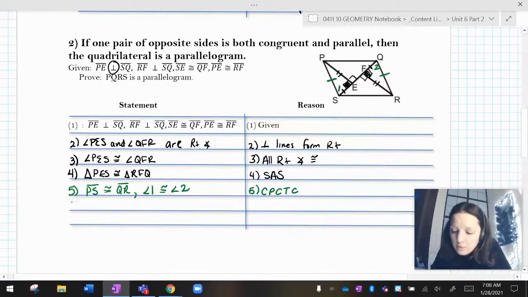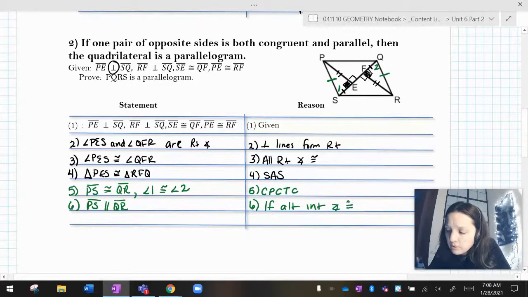And if 1 equals 2, then I know PS is parallel to QR, because just like the last time, if alternate interior angles are congruent, then the lines are parallel, which means that I have this side is congruent and parallel to that other side.